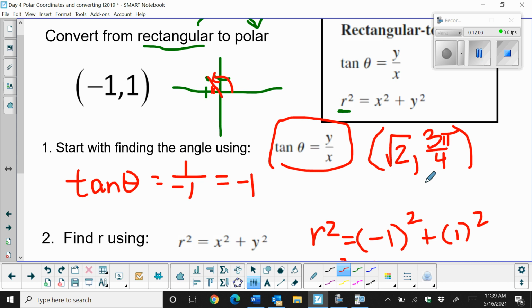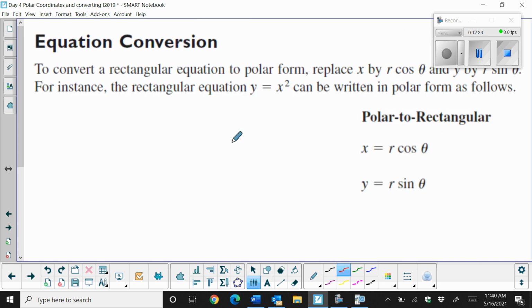If you recognize that position from the unit circle, you can just say the angle's position is 3π/4. And that's how you can represent that as a polar coordinate. So we're going to stop there, and we're going to practice a few of those, and then we're going to learn how to convert equations.